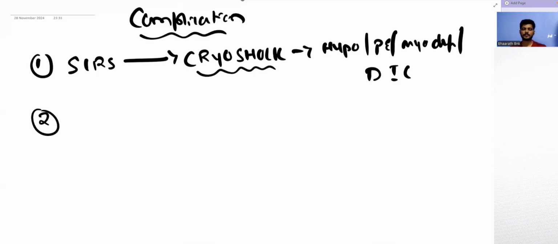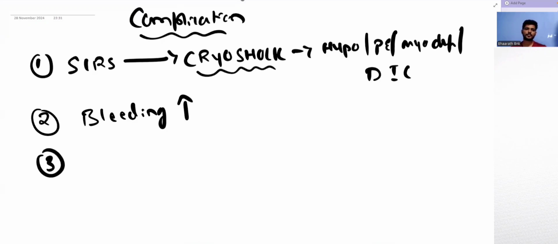The second thing is that when you heat a tissue, you burn the tissue, the proteins get coagulated, and that will stop bleeding. But here, there is no coagulation of the proteins. You don't burn them, so the risk of bleeding is higher. Also, when you freeze a tissue, the tissue becomes fragile.